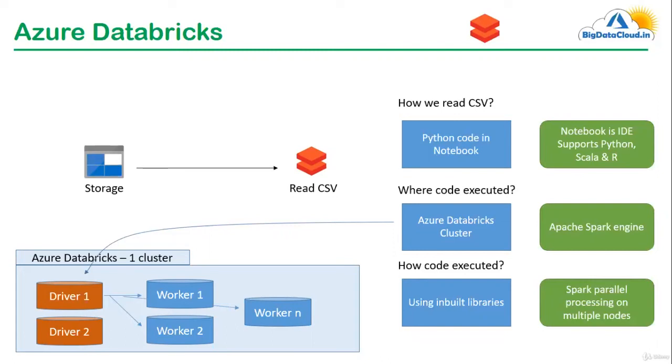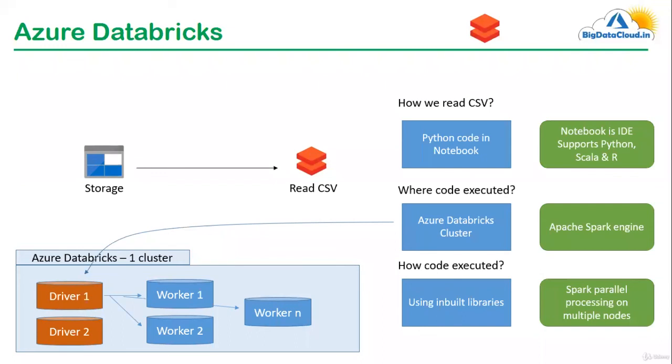So this is how Azure Databricks, in short, Spark, works behind the scene. Whatever architecture I have shown is actually part of the Spark engine. It is a Spark architecture. Azure Databricks has added libraries, integration, and more functionalities on top of the core Apache Spark engine.